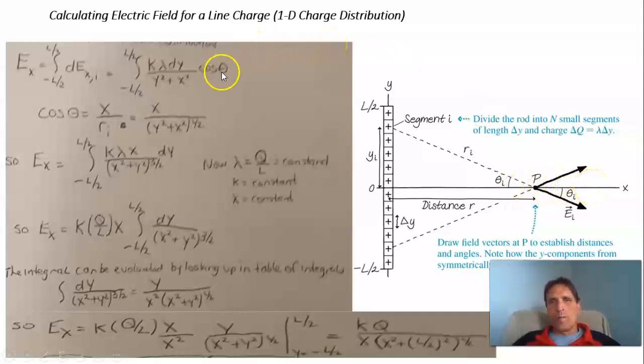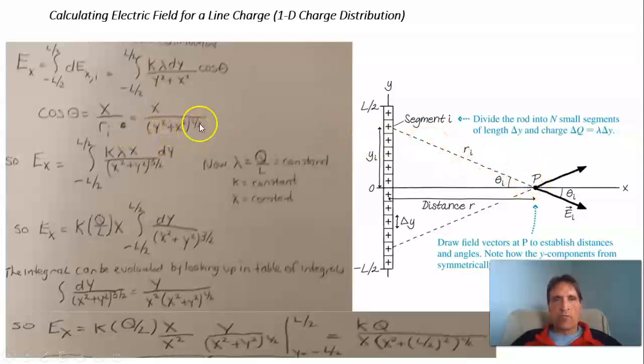Okay, so there's one more problem here, is we have this cosine θ here, but we're doing an integral over y. Okay, so we need to express cosine θ in terms of our coordinates. And so we can do that because if θ is this angle, cosine θ is equal to adjacent, which is x, over hypotenuse, which is r_i. And r_i is just x squared plus y squared to the 1/2.